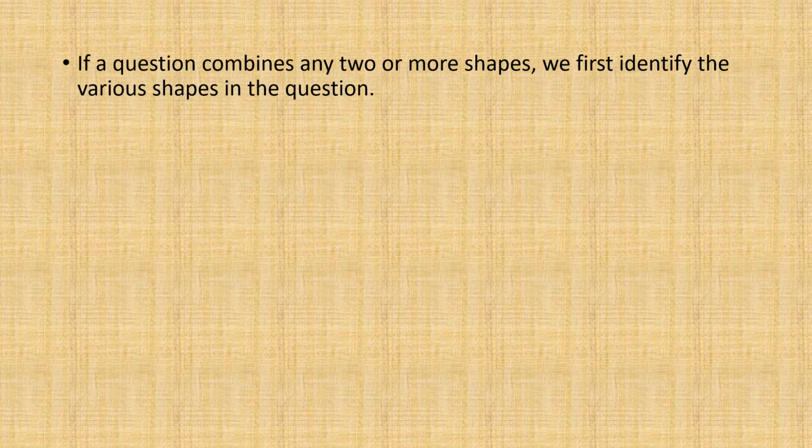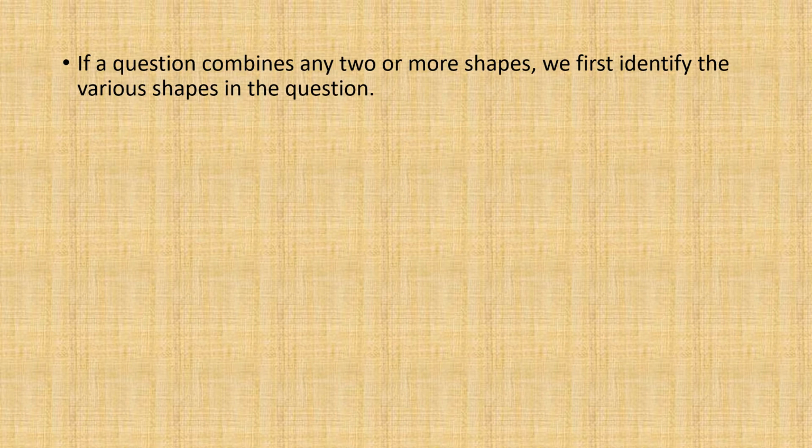There are some questions that contain more than one shape. You cannot call the shape a rectangle, a square, or a triangle, so we call those shapes combined shapes. They are shapes that contain other shapes inside them. If a question contains two or more different shapes, the first thing to do is to identify the various shapes in the question.